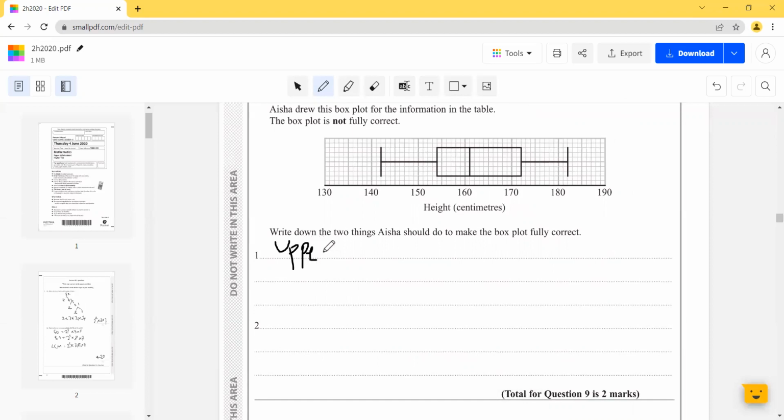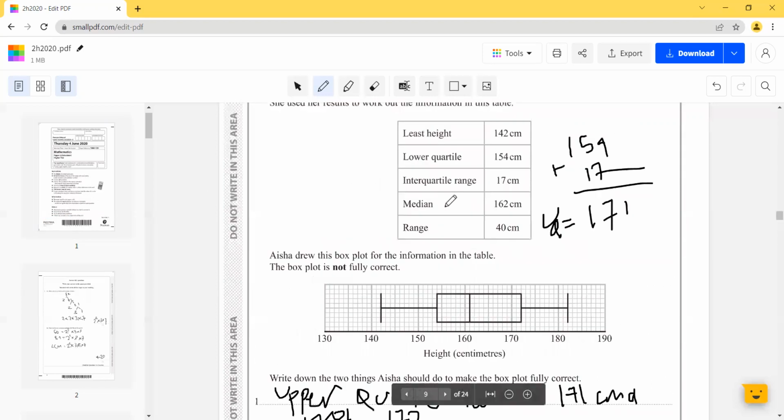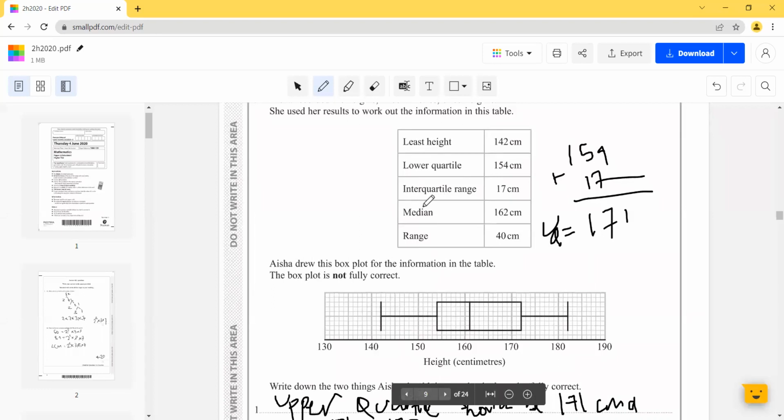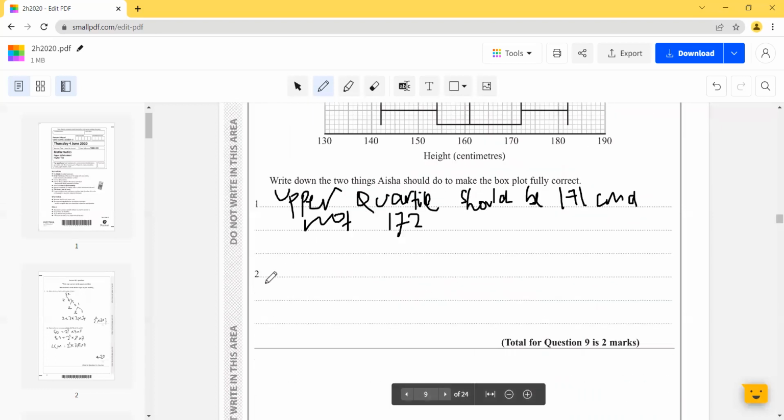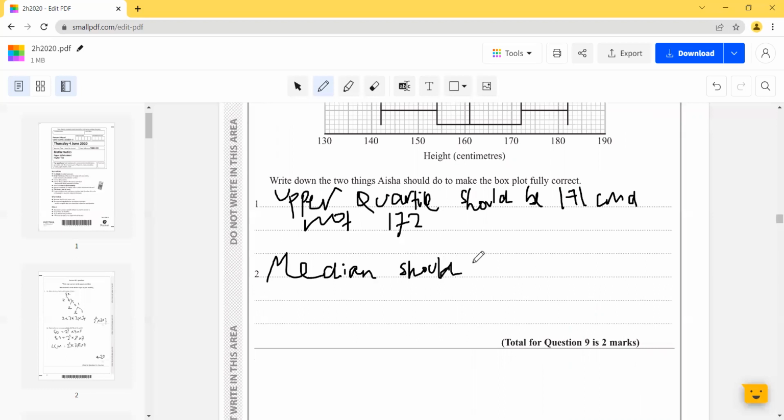So we should say the upper quartile should be 171 and not 172. Okay, and we can also see that the median, in this case, she's marked it at 161, but it should be 162. Okay, that's the two mistakes she's made.